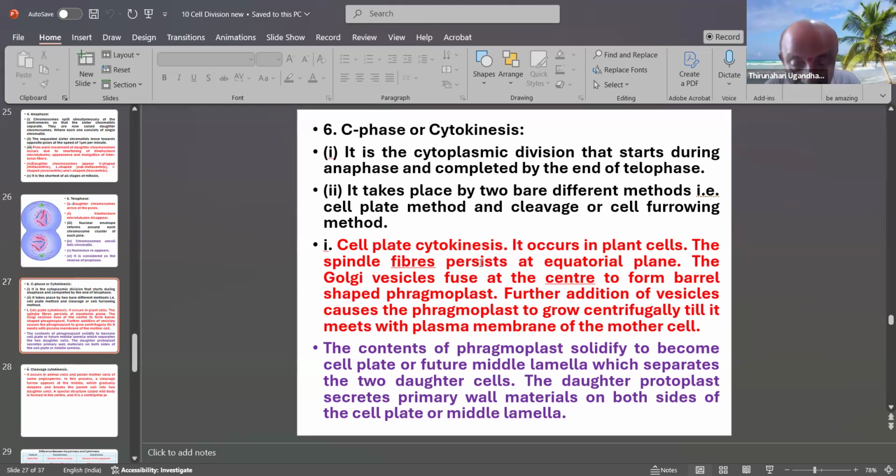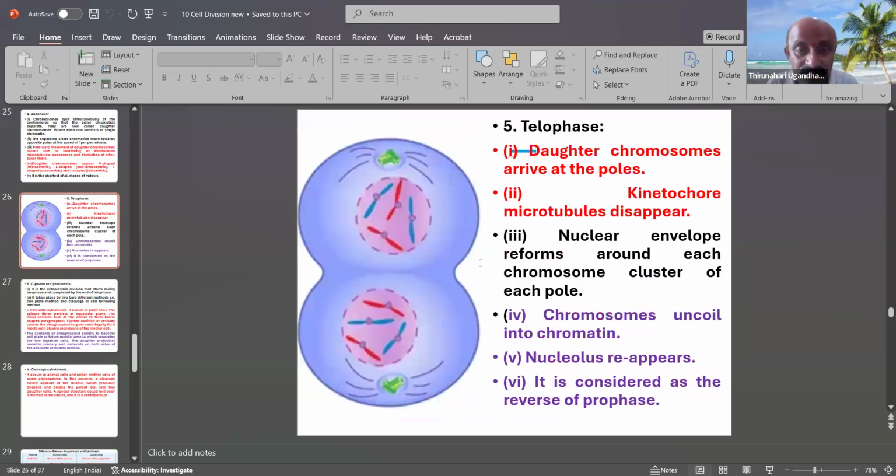The daughter protoplasts are formed on both sides of the cell plate, with the middle lamella in the middle. This is the cell plate. Then this is also the last point, telophase.